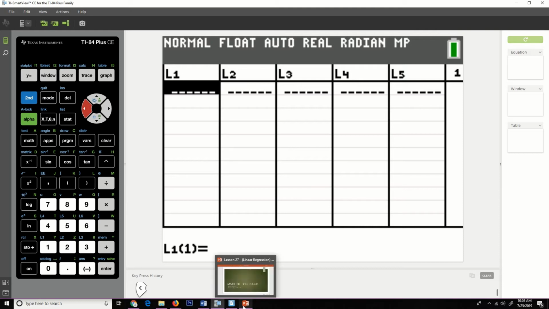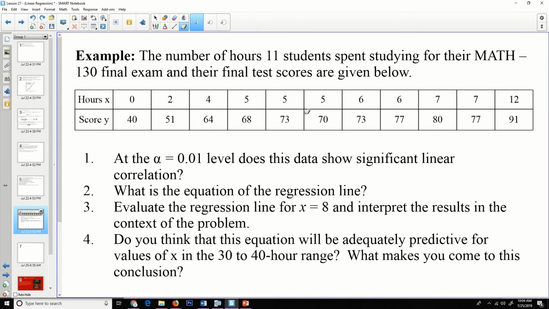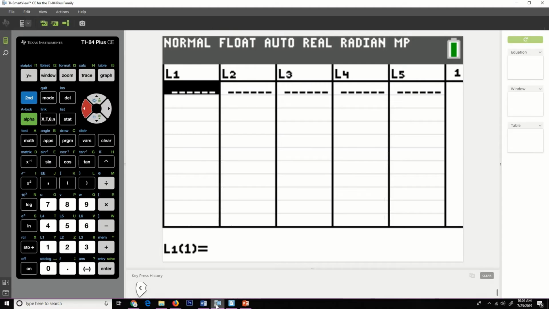So the data was presented horizontally. We're going to enter it vertically. And I have it on a piece of paper here.